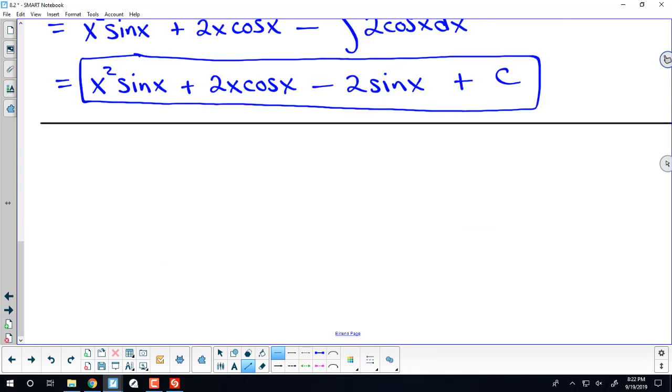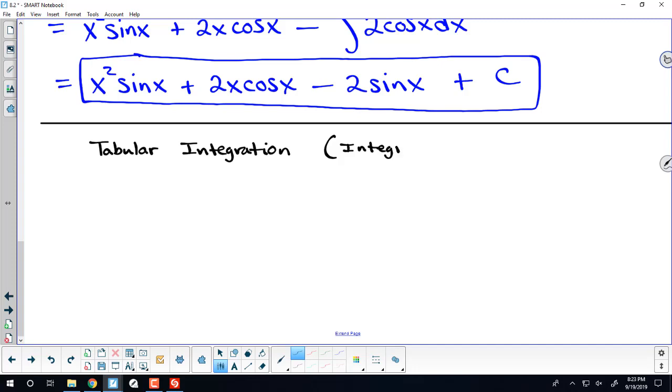So it's called tabular integration. It's still integration by parts, but it takes the tediousness out.